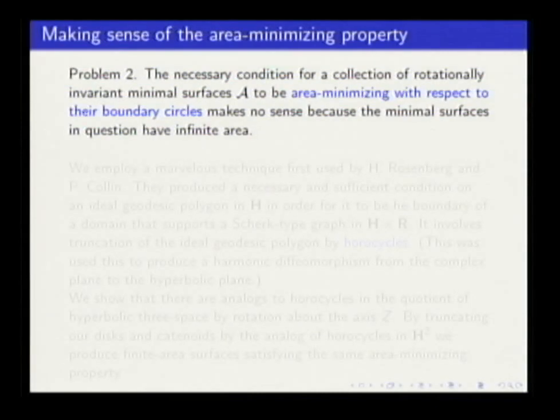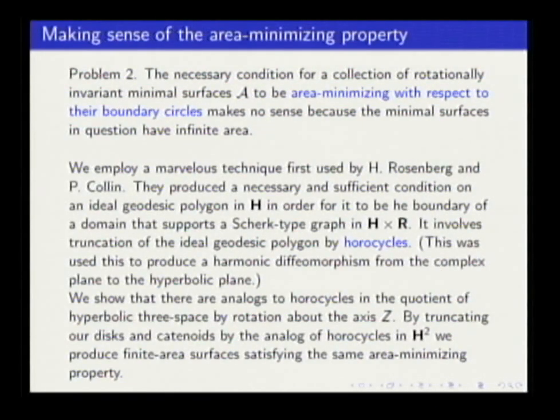And the solution was talked about a lot by Maze a couple days ago. It's a marvelous idea by Rosenberg and Collin. And they were looking in H cross R. They were looking for domains bounded by geodesic polygons in which you could find a minimal graph, a Scherk-like graph that went up to infinity.